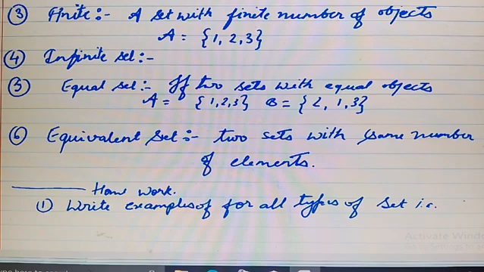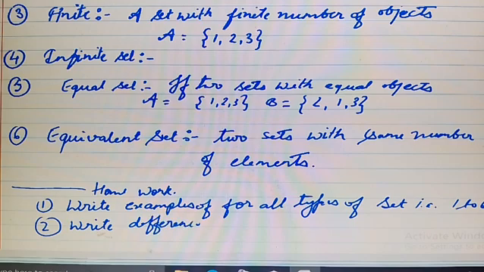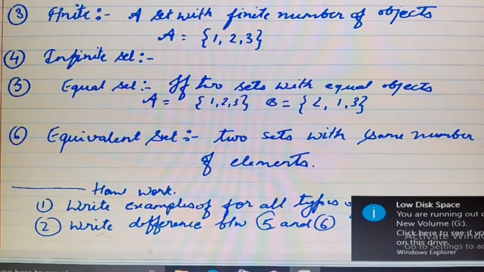And the next is, write the difference between 5 and 6. I will discuss numbers 5 and 6 further in the next class.